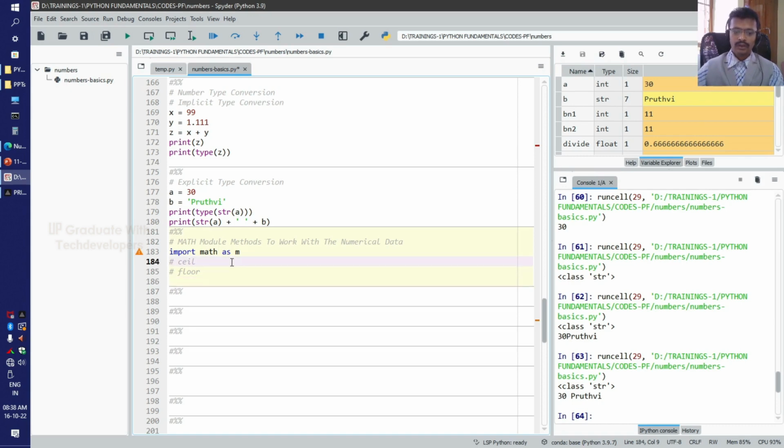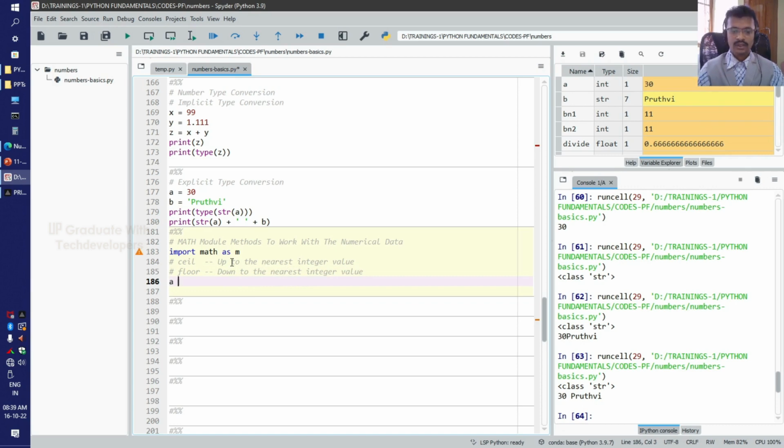So ceil is used to round up to the nearest integer value, whereas floor is down to the nearest integer value. Okay.